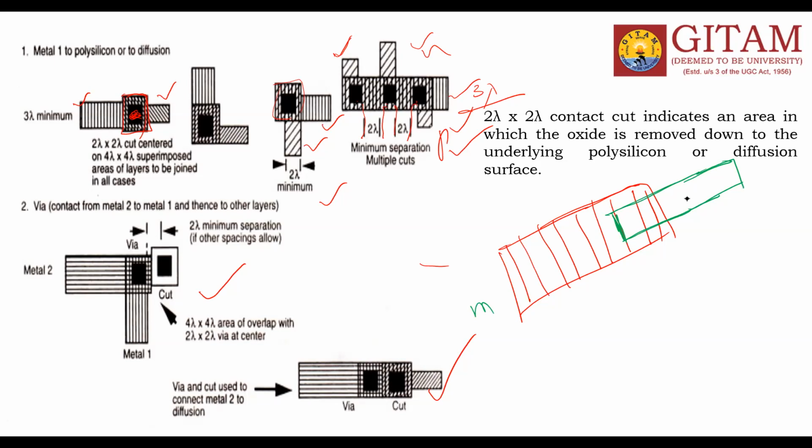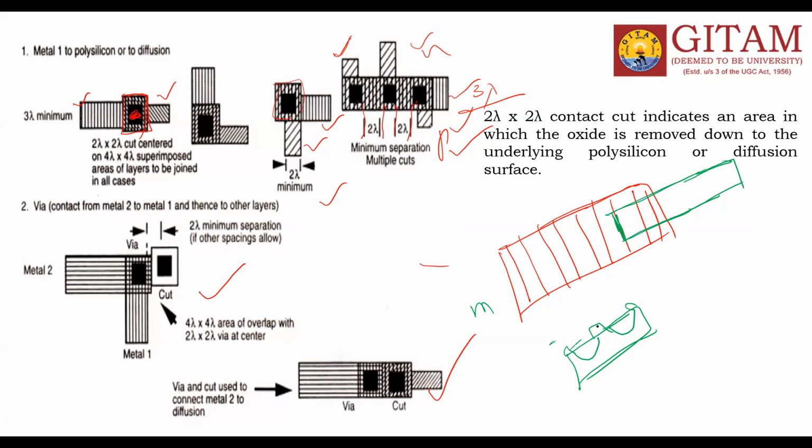If you see the cross-sectional view of a transistor, this is the substrate, this is the source, and this is the drain, and it is a metal oxide. This is oxide, and this is oxide. Then you are depositing metal with the oxide.